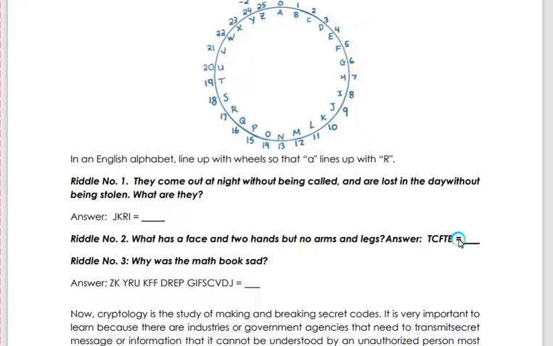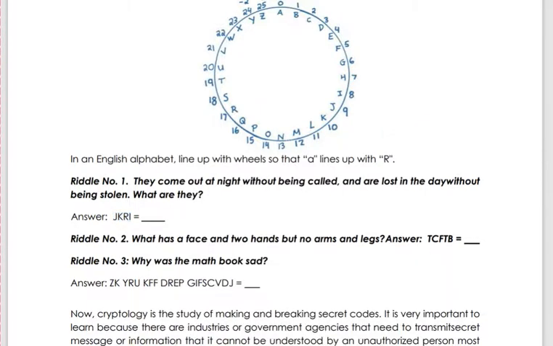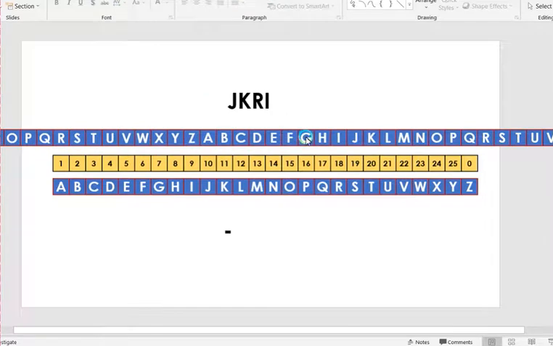There is actually an answer, and you could find it. But instead of sending the specific answer, I give it another value, and the value given is J, K, R, Y. I have already set it in the specific representation to make it easier for us. So we have this one, JKRI.